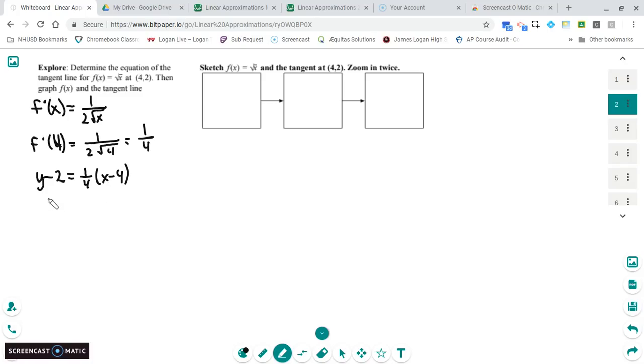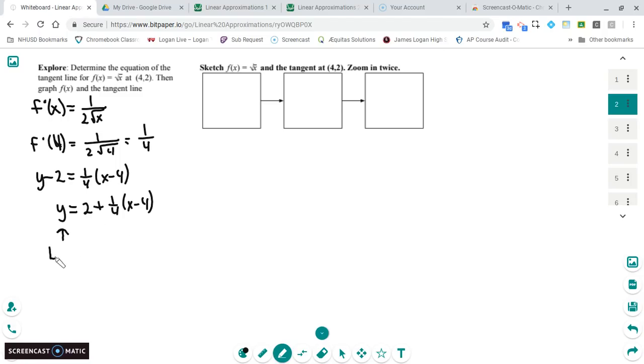All right, now I'm going to do one extra step here. I'm going to put it into function form and move this minus 2 to the other side of the equal sign. Just solve for y. So y is equal to 2 plus 1/4 (x minus 4). Now I do this so I can get it into function form. And then it's very common to take this y and write it in function form, give it a name, something like T for tangent line or L for linear approximation.